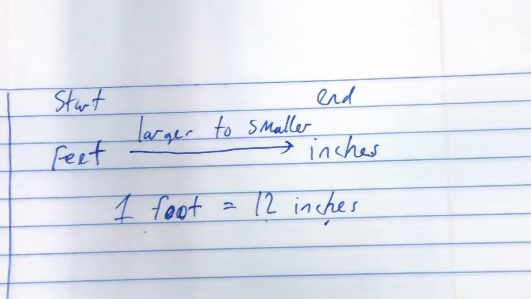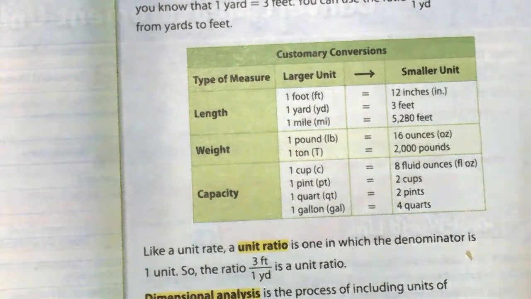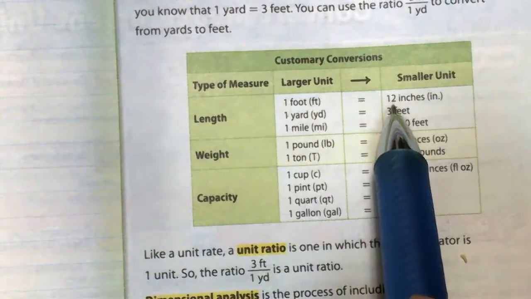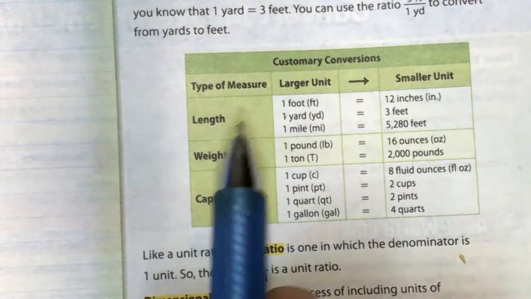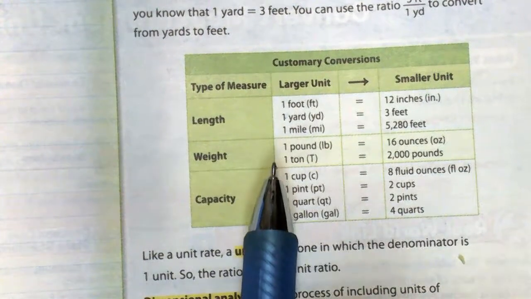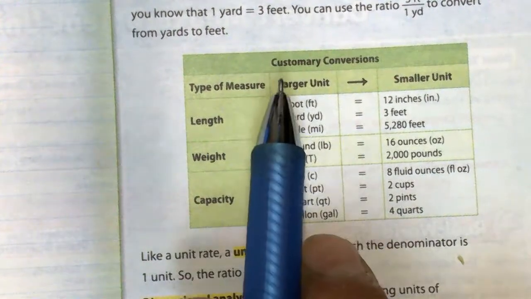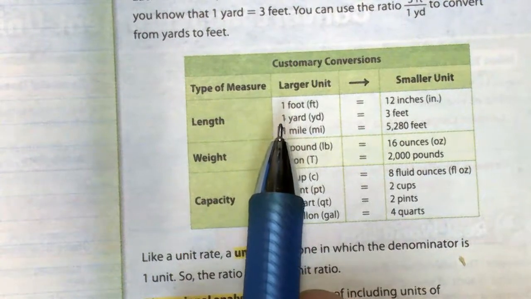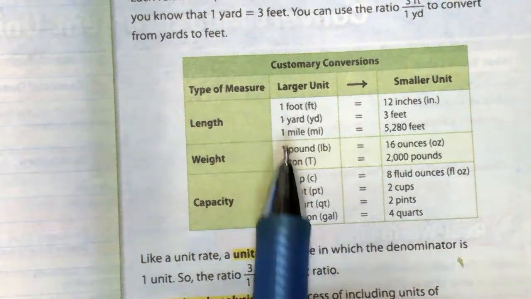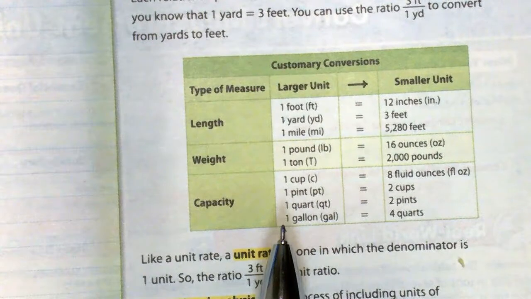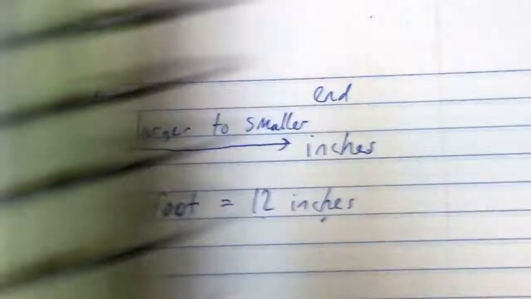Now, in case you forget or you didn't know that, like I said on page 290, there's this chart. 1 foot, 12 inches. Now, some of these you should just memorize, okay? There's so many units of measurement, and there's no way I'd expect you to memorize all of them. But these are the most basic that you'll need to know, okay? But anyways, let's just go from there.